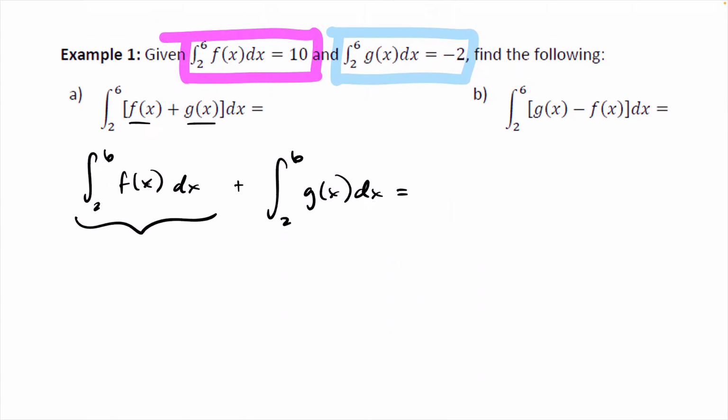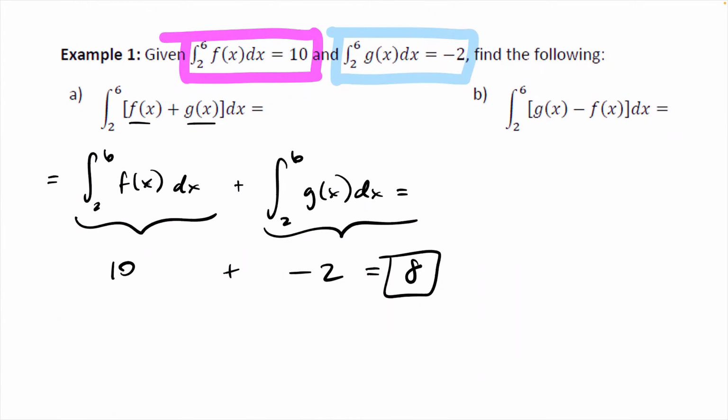All right, so we know that the area under the curve from 2 to 6 of f of x dx is positive 10. And we know that the area from 2 to 6 of g of x is negative 2. So we add those together, and the total area is positive 8.